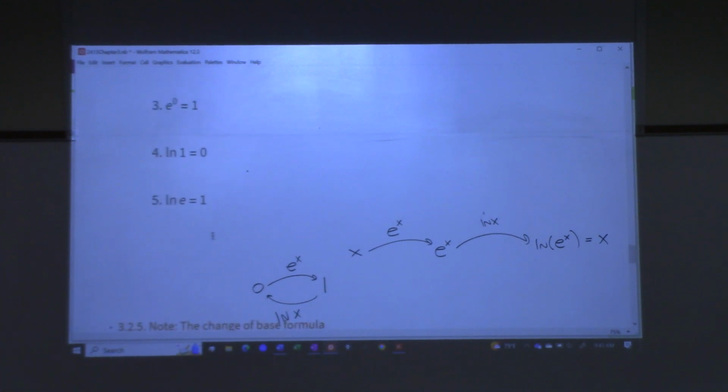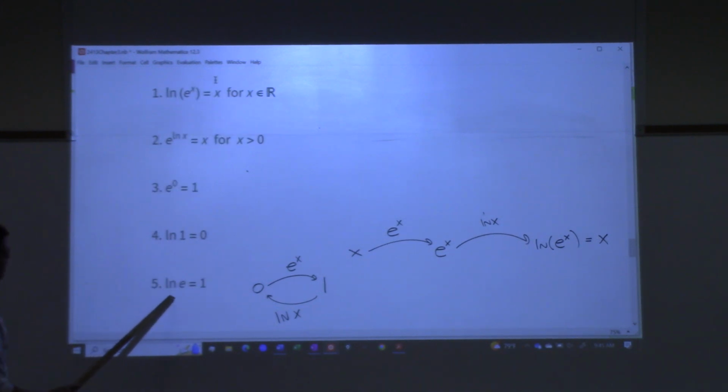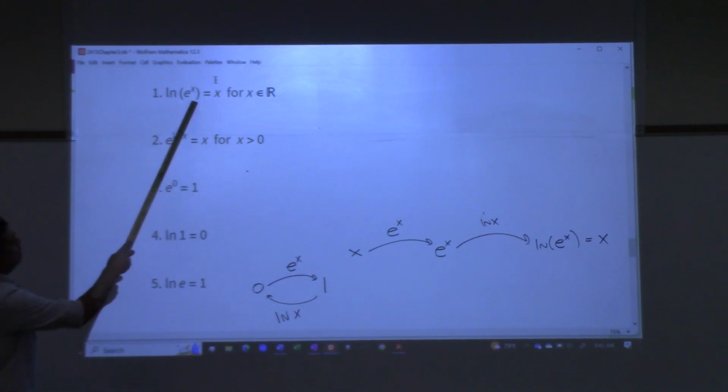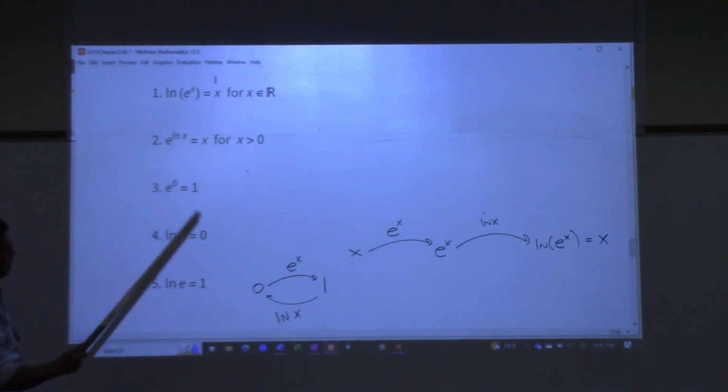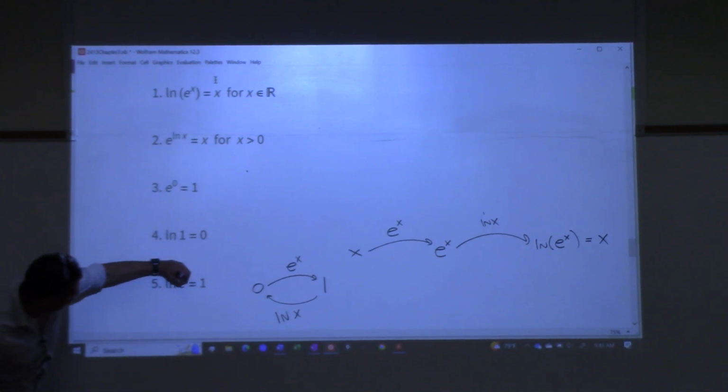And then you should also know that the natural log of e is 1. Property 5 is actually just property 1, but replace x with 1. If I replace that x with 1, then that's just e, isn't it? And then that would be like e to the 1.